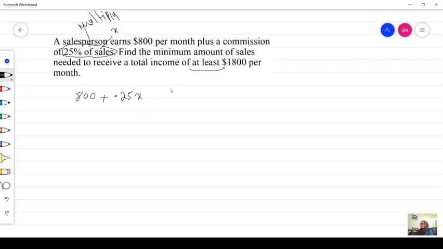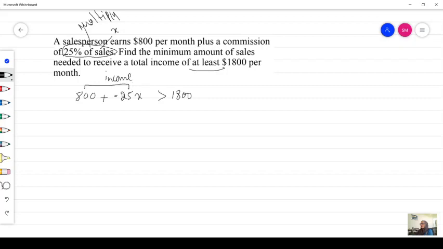And then they said at least, which means 1,800. This is the total income. Like 800 is per month plus the commission, so that's that person's income.